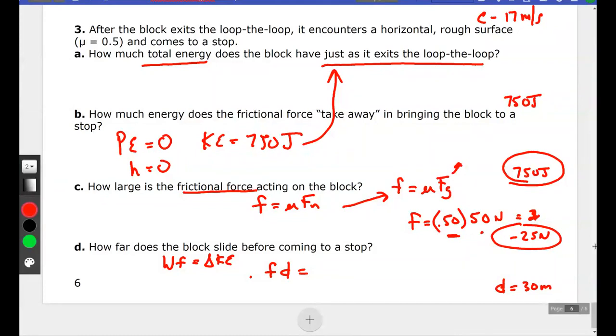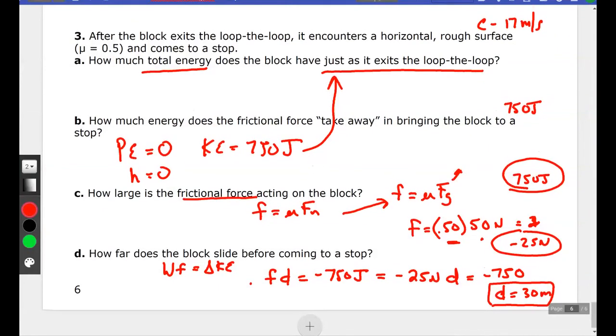If the block has a kinetic energy of 750 and it's stopped, then it's a negative 750 change. The work done on my block changed the energy of my block. So negative 25 newtons times D equals negative 750, and you can see the answer is 30 meters, because you divide both sides by negative 25 and you get 30. And that's it for this worksheet.